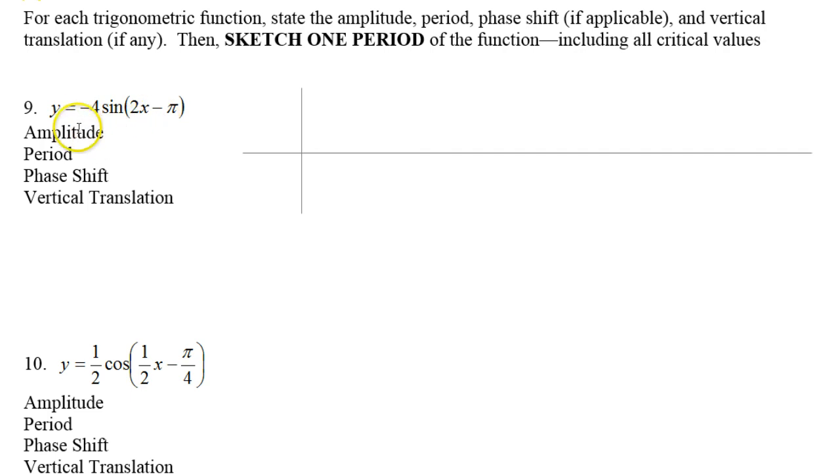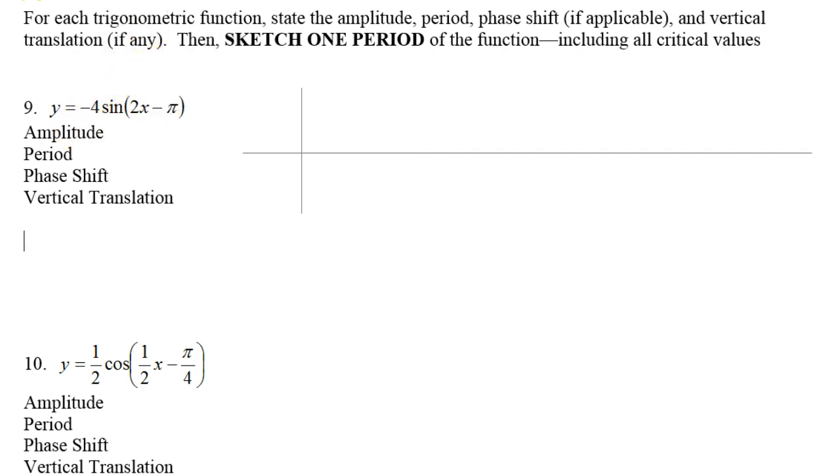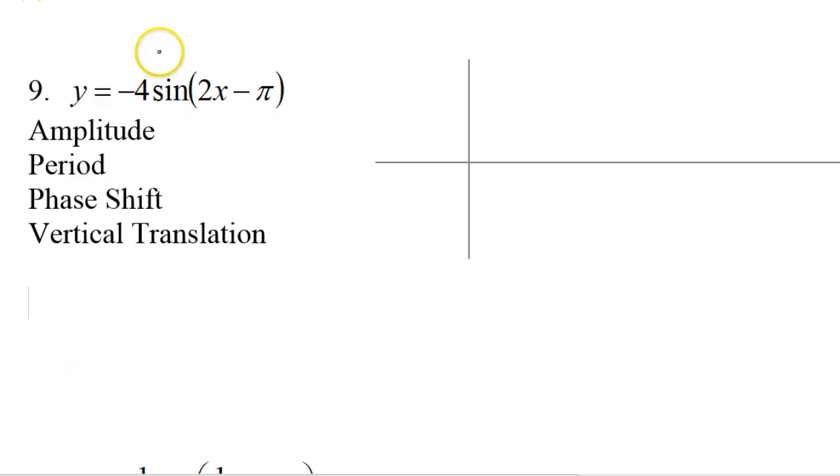So we've got this function, and I see that we've got here an a value. The a value is -4. That tells us that the amplitude is going to be 4. Amplitude is always positive. The negative in front is going to be a reflection over the x-axis.